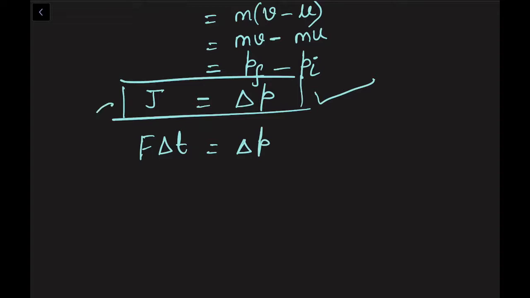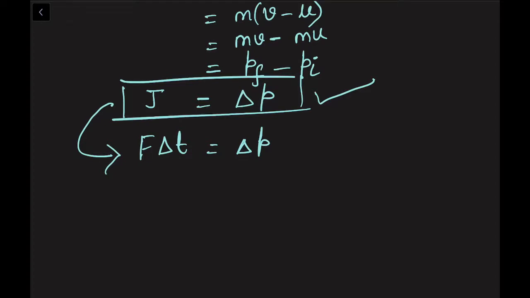In place of impulse I can write F into delta t, which is equal to delta p. Now it is clear from this equation that impulse is the measure of the degree to which an external force produces a change in momentum of the body.